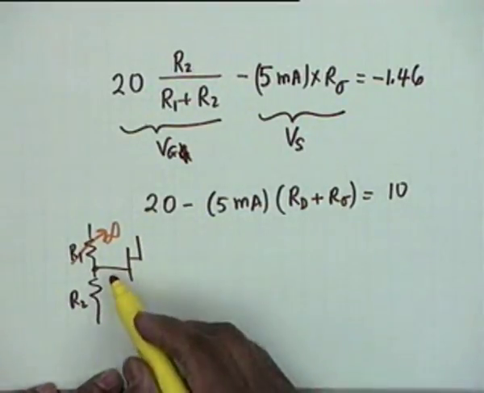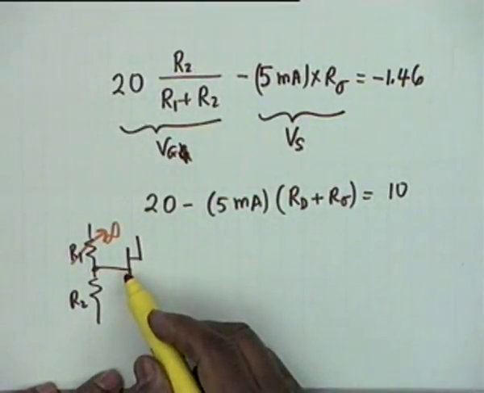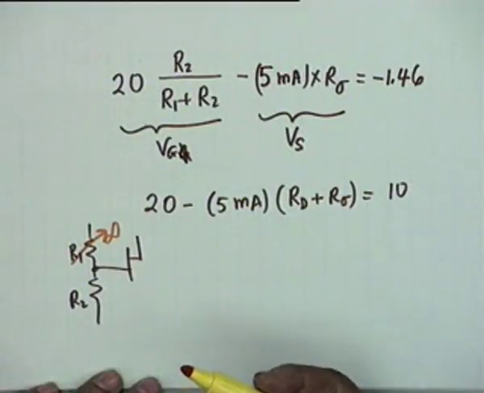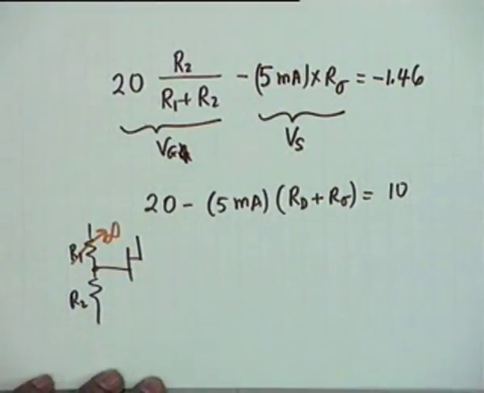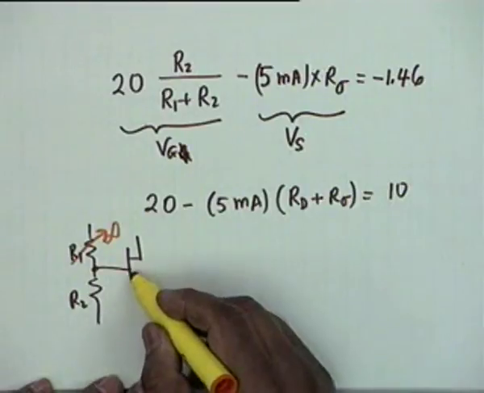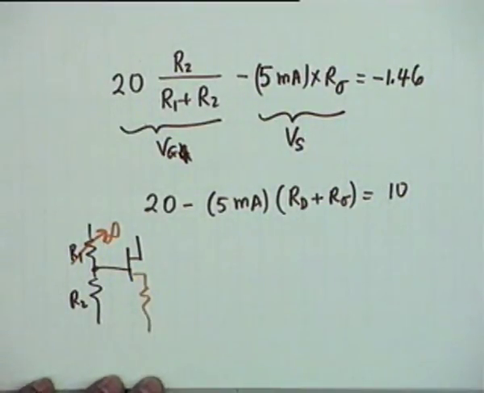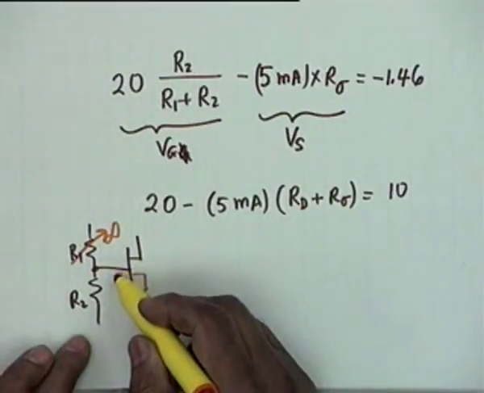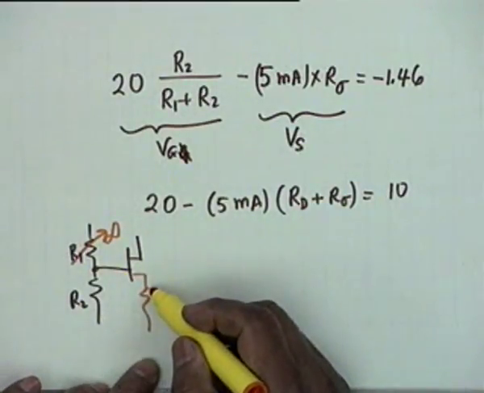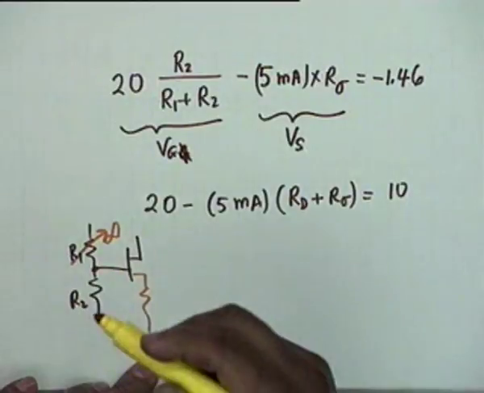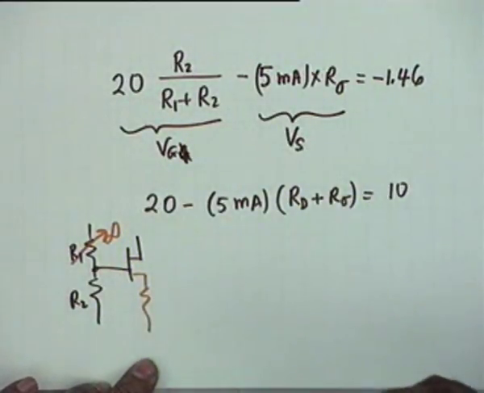We can do that because the gate does not take any current. Let's take R1 as infinity. If R1 is infinity, then what is VGS? VGS is simply minus the drop in this resistance. Isn't that right? VG would be 0, Vs would be a positive quantity. So VGS would be 0 minus a positive quantity, in other words a negative quantity.